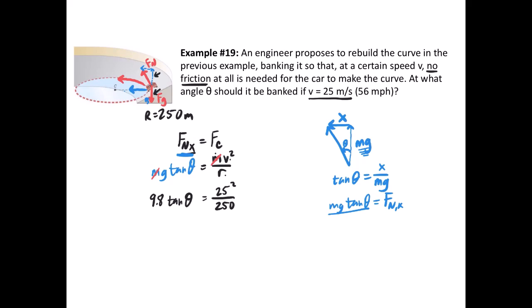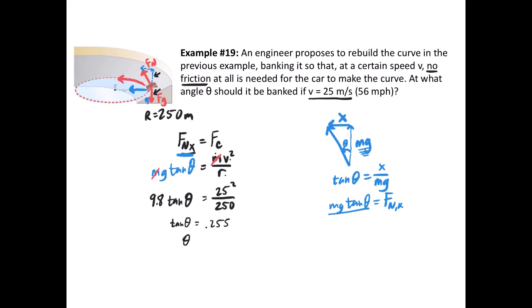And so we're going to do the 25 squared, which is 625. Divide that by the 250, and then we're going to divide by the 9.8 on the other side, which is going to give us that tangent of theta needs to be equal to 0.255.